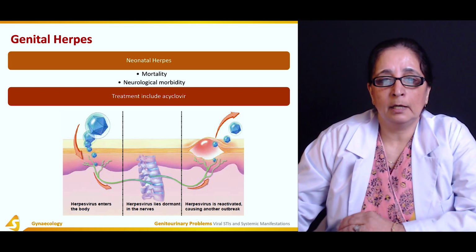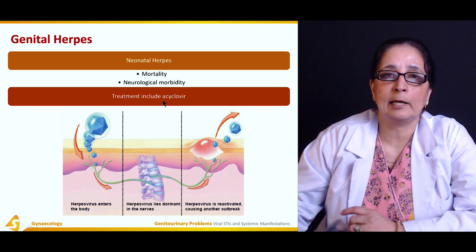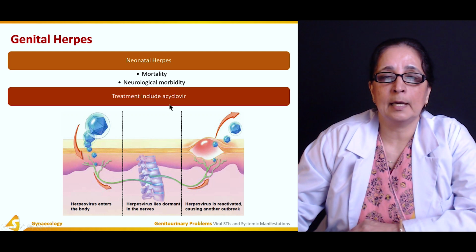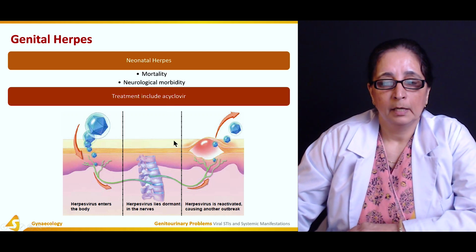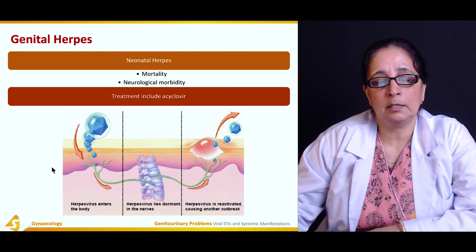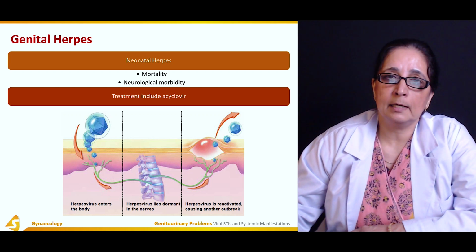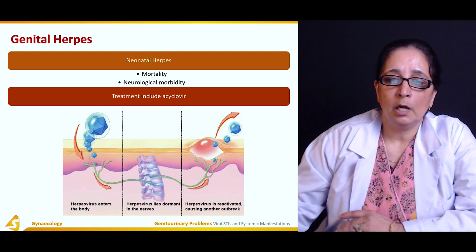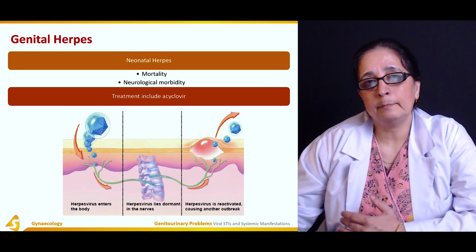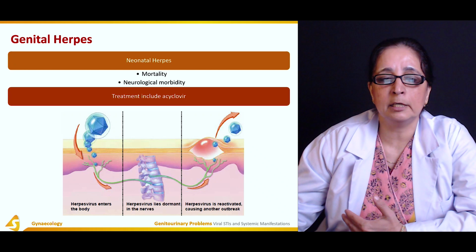So the treatment of herpes includes acyclovir. Acyclovir is an antiviral drug. The important feature of this herpes infection is once herpes virus enters the body, it can stay in the body in the dormant form, and sometimes it can reactivate under certain conditions.